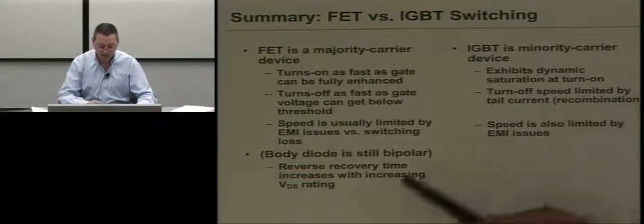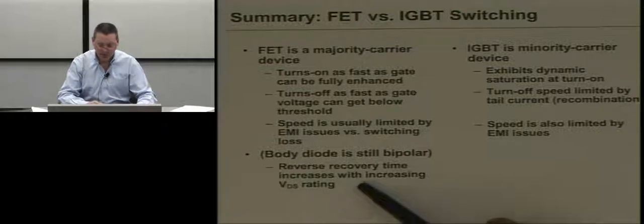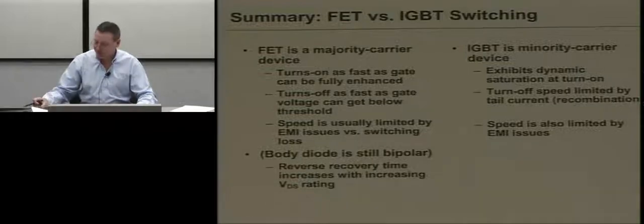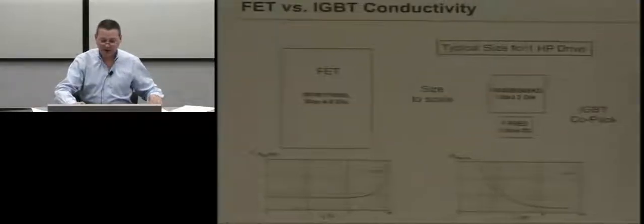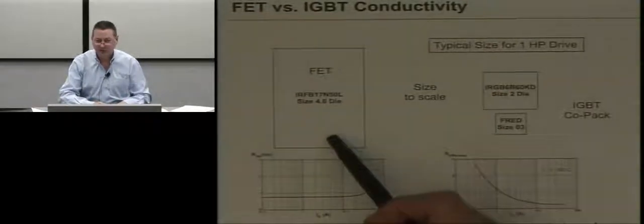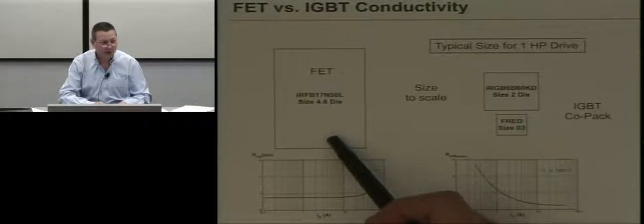and the body diode in the bipolar device is intrinsic, and I don't know if I mentioned earlier that at low voltage it's very good. At high voltage it's not good at all. And just to go back briefly to this slide, you can get FETs that have very low RDS(on) at high voltage.